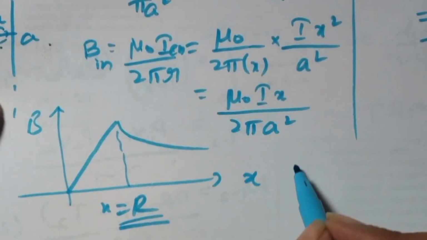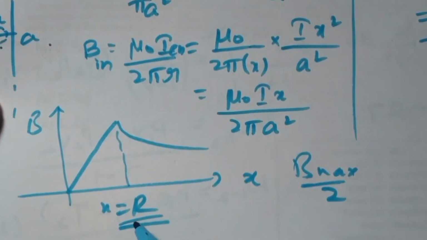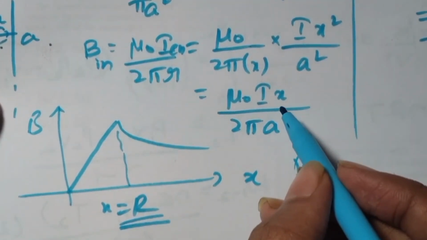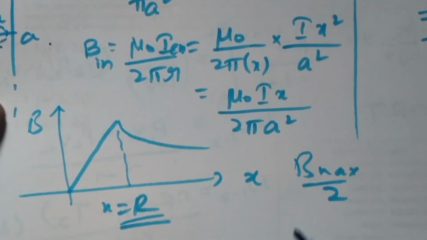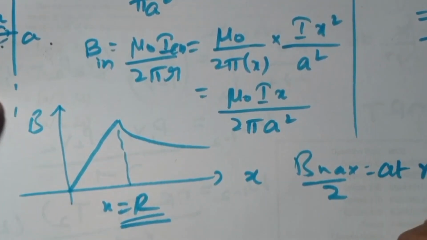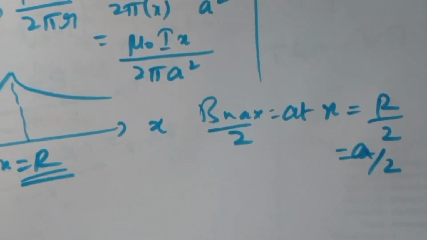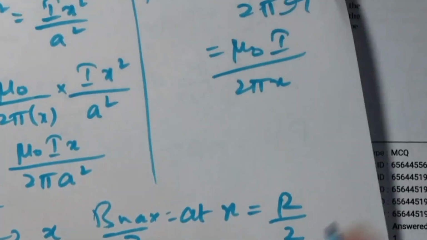But they are asking B max by 2. Inside the wire it is proportional to x, so B max by 2 will be at x equal to r by 2, which is a by 2 according to the question. And outside it is inversely proportional to x.